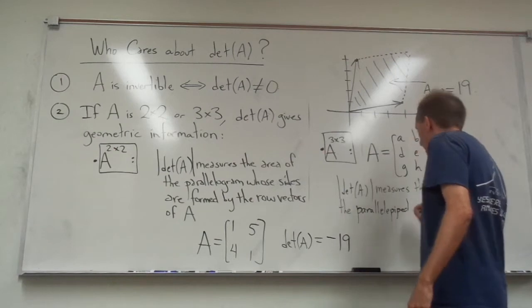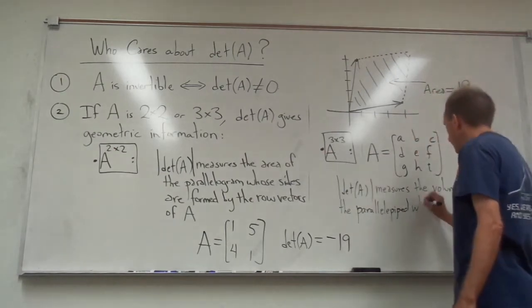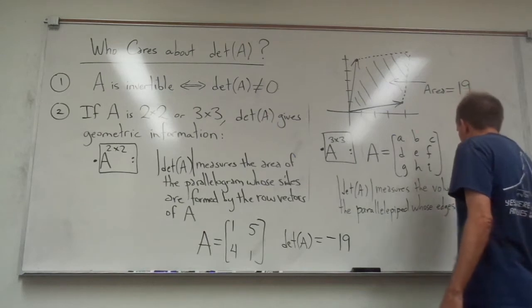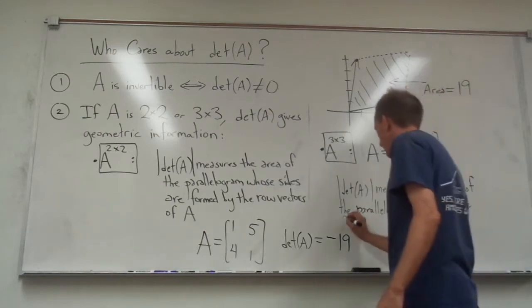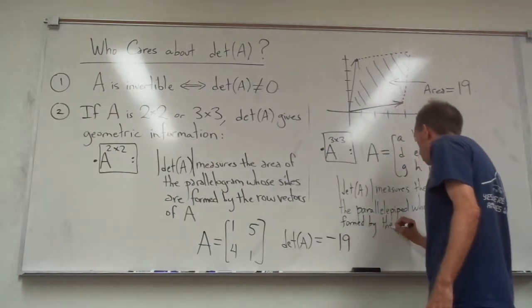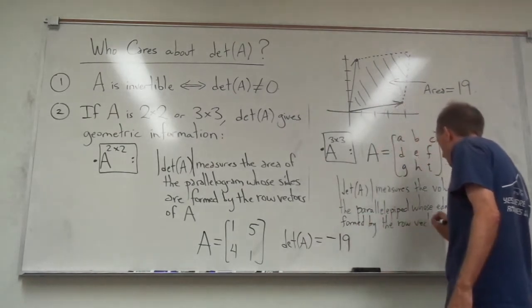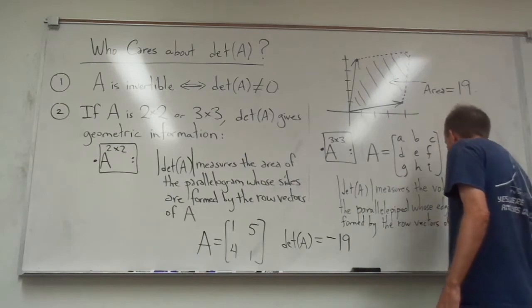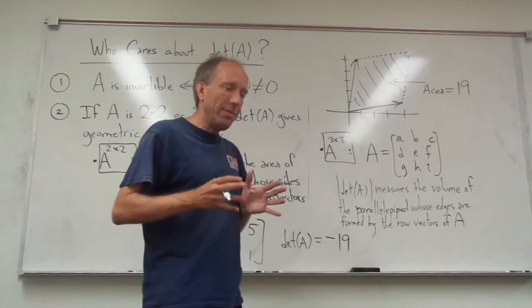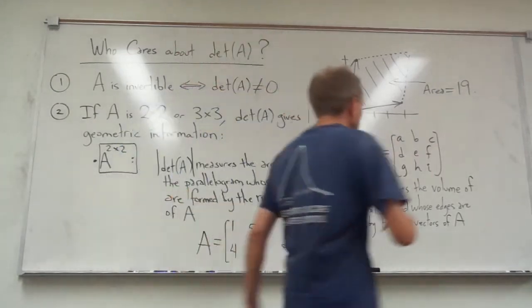Parallelepiped, whose edges are formed by the row vectors of A. You have 3 rows in the matrix, which gives you 3 vectors in 3-dimensional space.